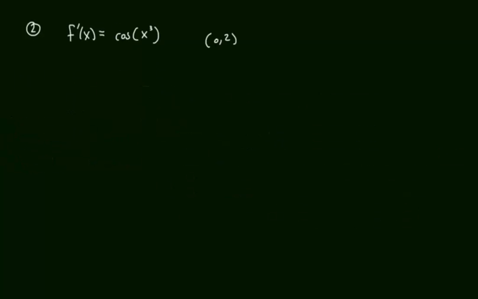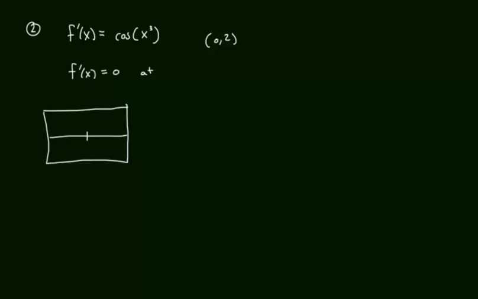Number 2 here, f prime of x equals the cosine of x cubed. Please make sure that you are in radians. I'm going to find horizontal tangents by saying f prime of x equals 0 at, so this requires the graph, and so I'm just going to take the time to actually draw this graph, and that's going to be on the domain of 0 to 2.